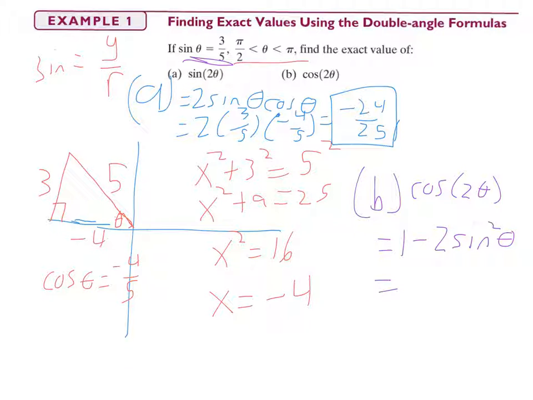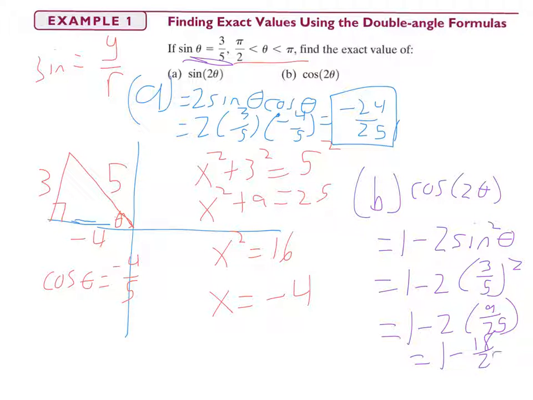You could easily use cosine squared minus sine squared. It doesn't matter. Regardless of which formula you use, you should always get the same value. So it'll be 1 minus 2 times sine squared, so that's 3/5 squared. It'll be 1 minus 2 times 3 squared is 9 over 5 squared is 25. So that'd be 1 minus 18 over 25.